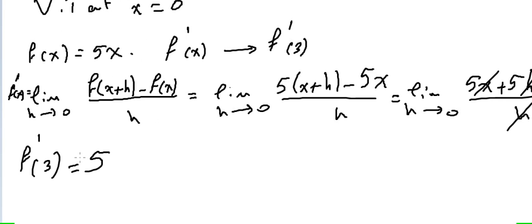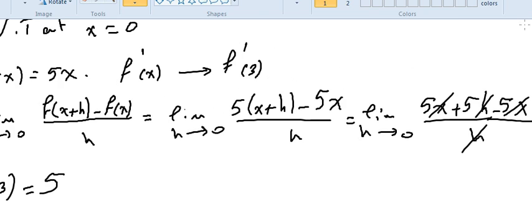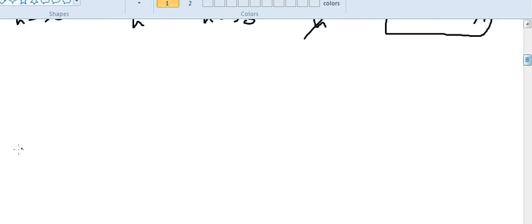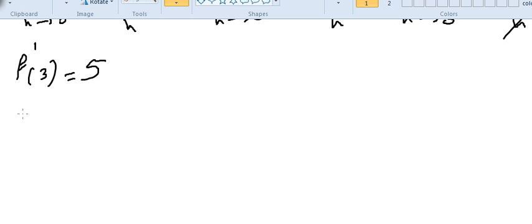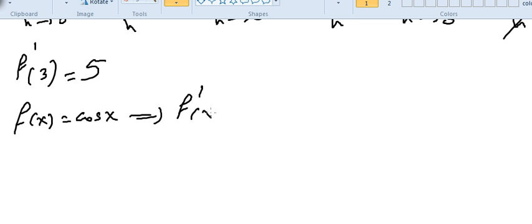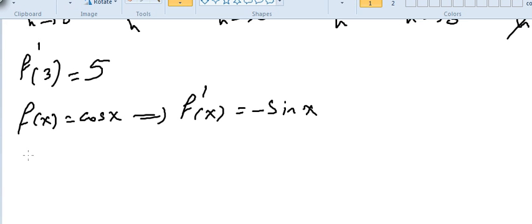Again, starting from the definition of derivatives, prove that the derivative of cosine x is minus sine x. If f of x equals cosine x, we need to prove that the derivative is minus sine x. We know it is minus sine x, but we need to prove it starting from the definition. Nice.